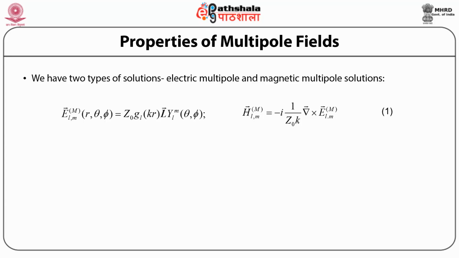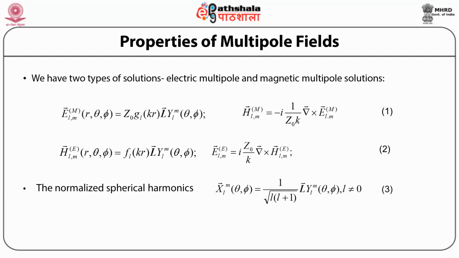E_LM^M(r,theta,phi) is equal to Z0 g_L(kr) L vector Y_LM(theta,phi), and H_LM^M is equal to minus i 1 divided by Z0 k into del cross E vector LM^M. And H_LM^E(r,theta,phi) is equal to f_L(kr) L vector Y_LM(theta,phi), and E vector LM^E is equal to i Z0 by k into del cross H vector LM^E, where Z0 is equal to the square root of mu naught by epsilon naught.